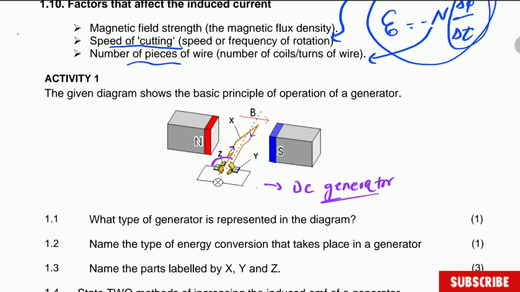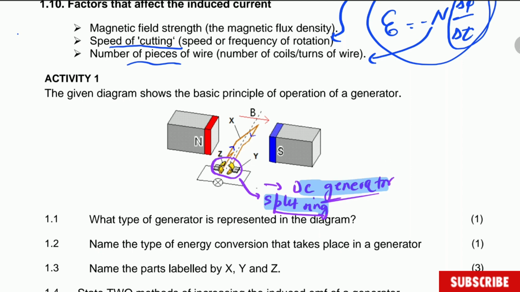Because you have here only one ring which is cut, and that is the split ring, or commutator. That is why this is a DC generator. I already know that before I even go on reading. What type of generator is this one? That is the answer for that specific question.